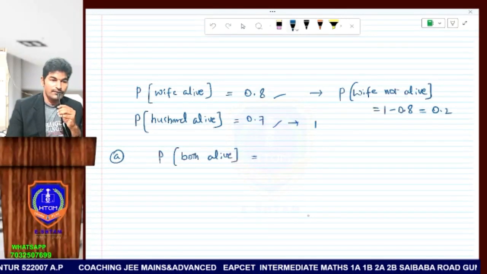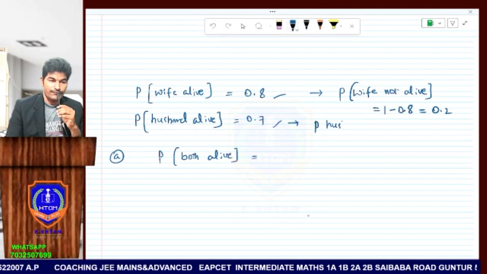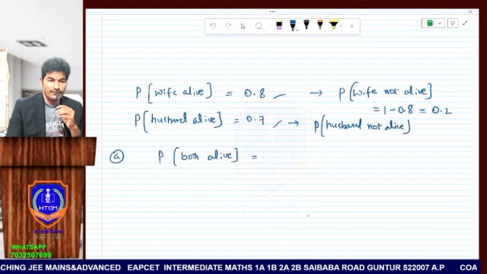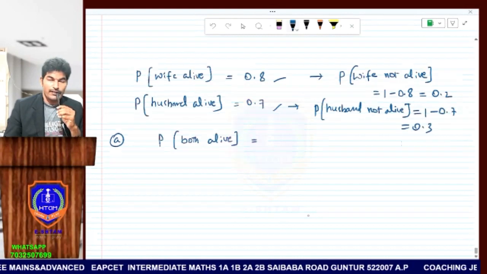Also we calculate the complement of husband alive, that means he is no more. Husband not alive is 1 minus 0.7, which is equal to 0.3.